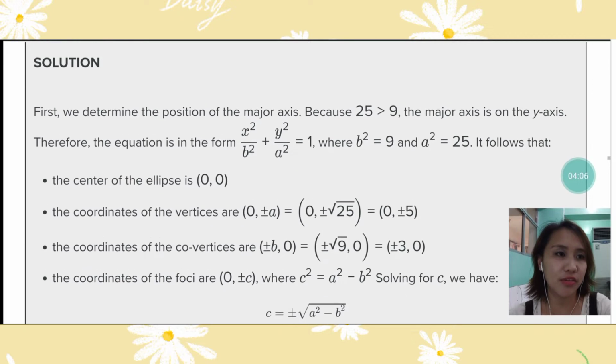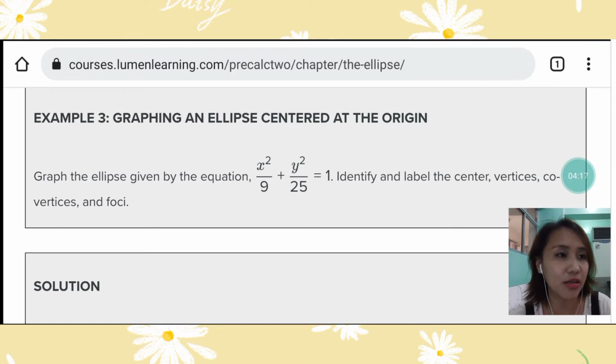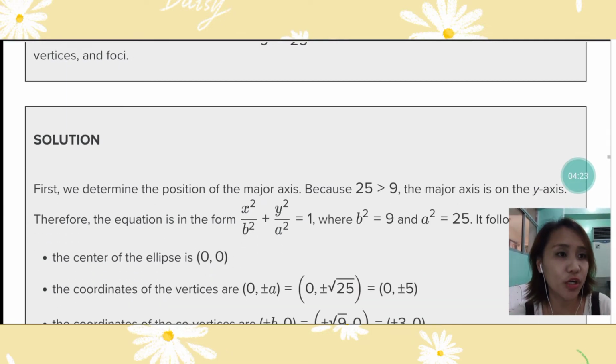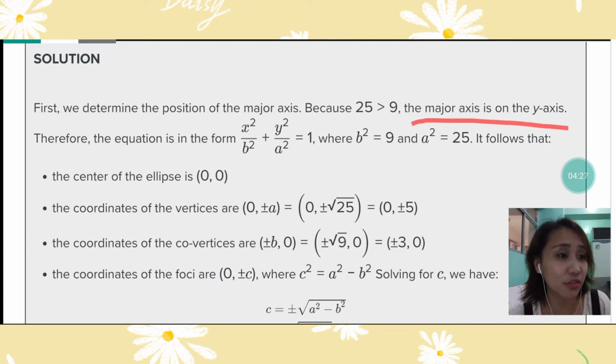Here we have the solution. First, we need to determine the position of the major axis. Because 25 is greater than 9, as you can see, the major axis is on the y-axis.